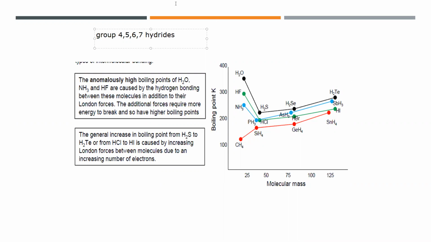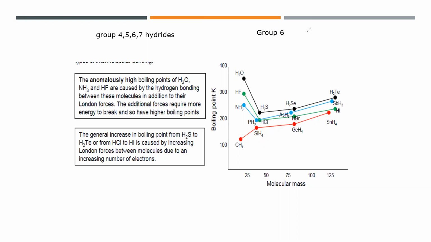First we are comparing group 6 hydrides. So what are the group 6 hydrides? Hydride means a compound which contains hydrogen.